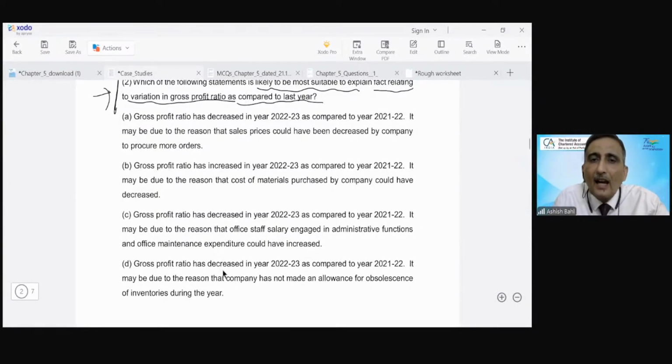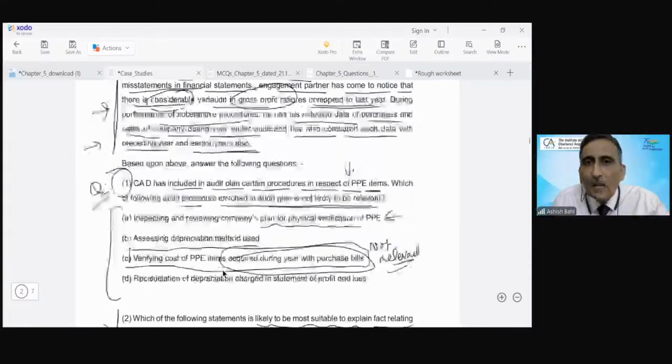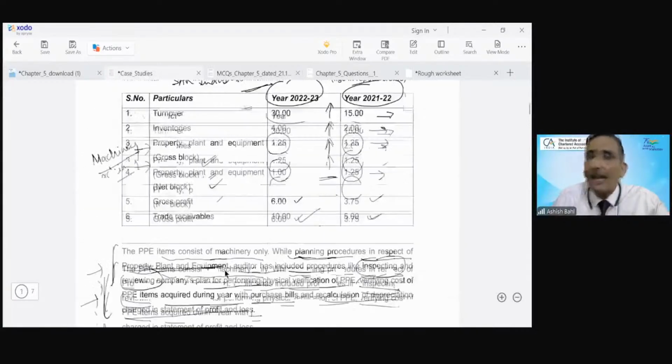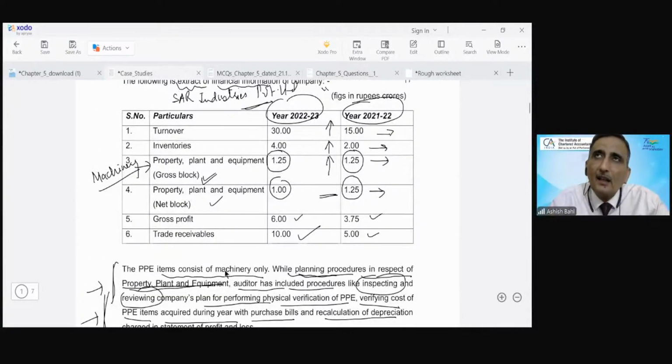I'll show you the data again. My request is to keep a piece of paper and pen with you, or some writing pad or register, and note the relevant figures in relation to gross profit of the 2 years, 21-22 and 22-23.